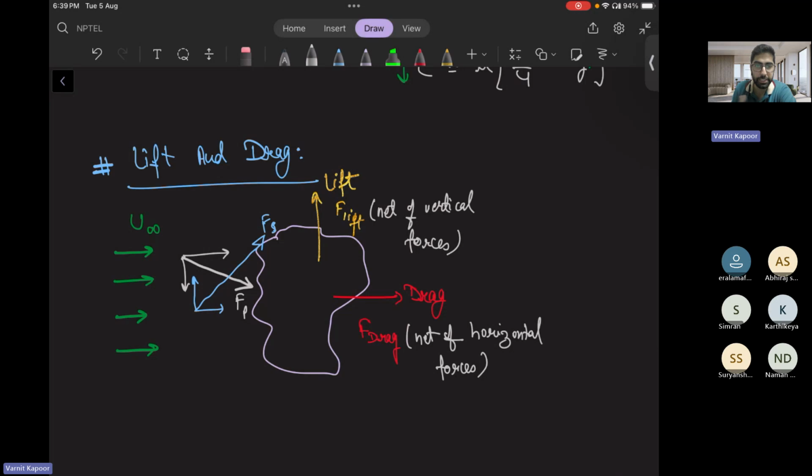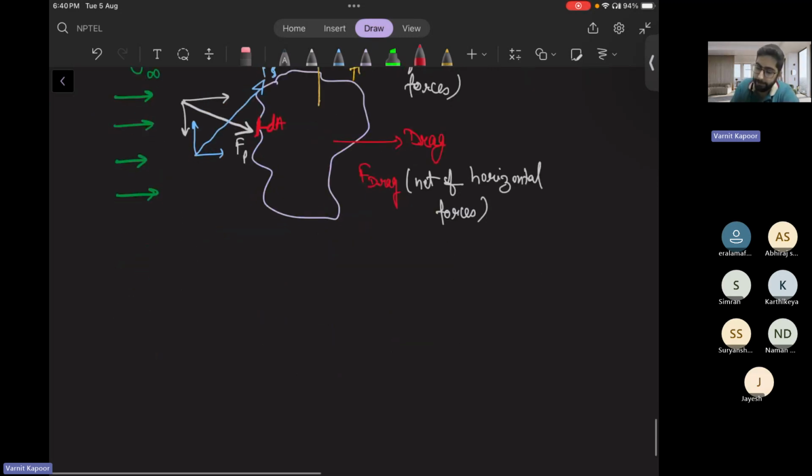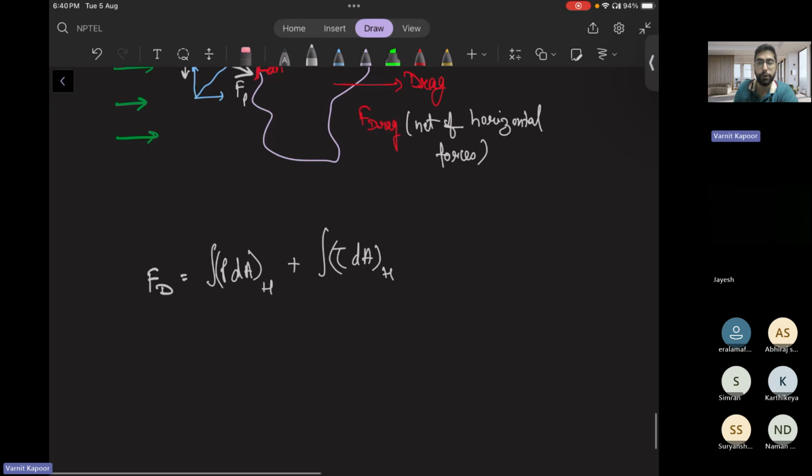I'm assuming that it is happening over a very small elemental area, dA. So pressure force is pressure into area only. Drag FD will have the force due to pressure, elemental force integrated over the surface in the horizontal direction, plus shear stress into area integrated over the entire surface for the horizontal component.